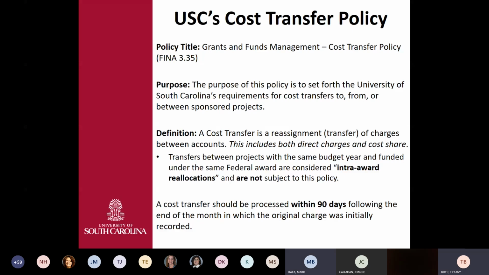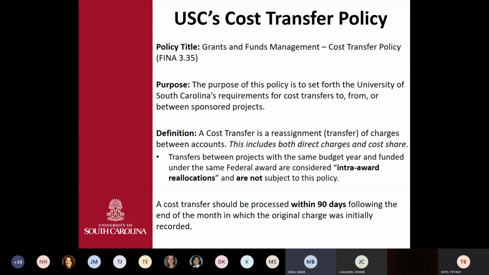Yeah, I think it's just important to note the 90 days and to keep up with the costs on the projects, especially as we're trying to get reporting out more timely and awards closed out, or handling overages.